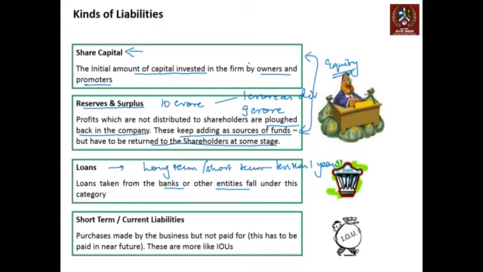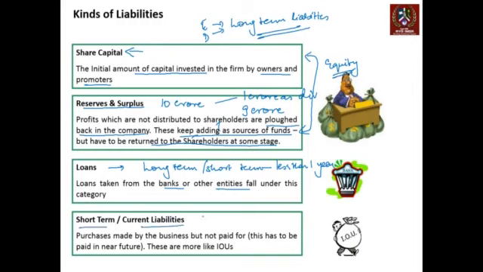Then similarly, when you look at an equity or a debt kind of a liability, both of these are long-term liabilities in nature, right? Now, liability is something that you have to pay back. You could also have short-term or current liabilities.